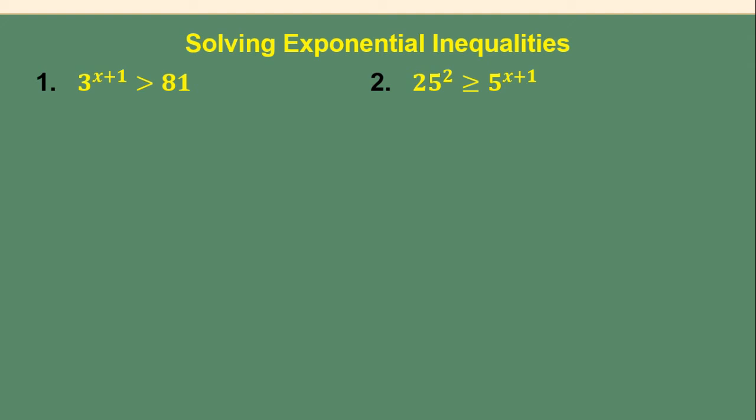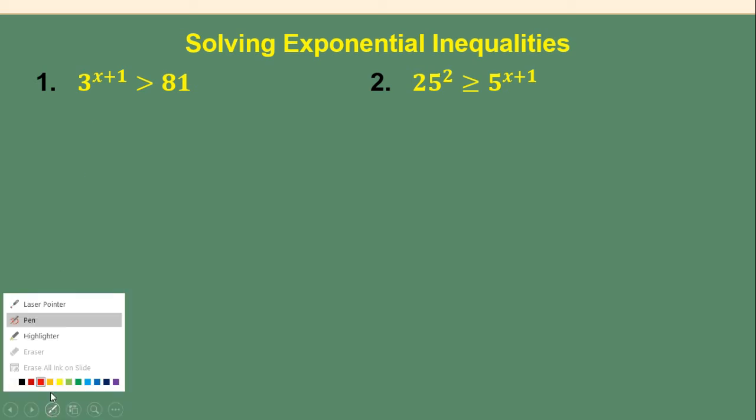Okay, let us try to solve the following examples. Number 1, 3 raised to x plus 1 is greater than 81. Okay, so first step, we must set both sides of our inequality with the same base. So we are going to use 3 as the base.